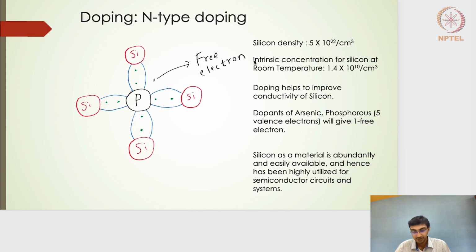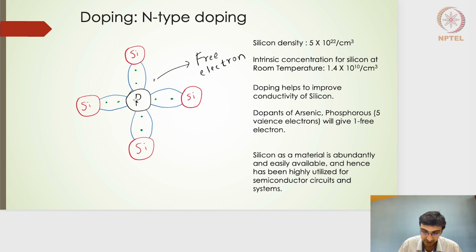So this is the phosphorus-doped silicon atom structure. If you look into the silicon crystal lattice, instead of this particular P atom here, we will have a silicon atom, right?